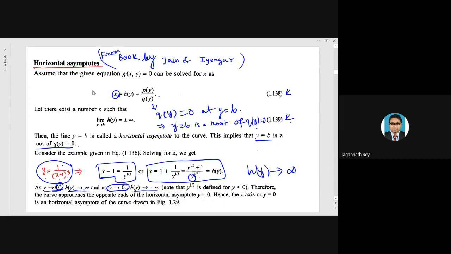So by definition, y equals 0 is a horizontal asymptote of the given curve.